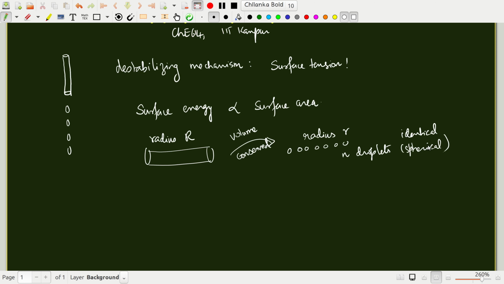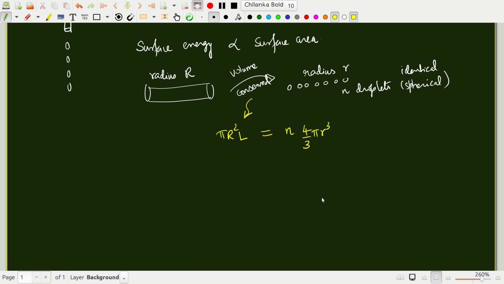Now, the conservation of volume implies that pi capital R squared L, which is the volume of the cylinder, must be identical to n times 4 by 3 pi small r cubed. Now, this is just mass conservation of an incompressible liquid, which essentially means volume conservation.